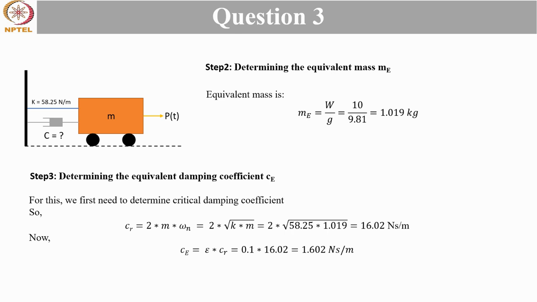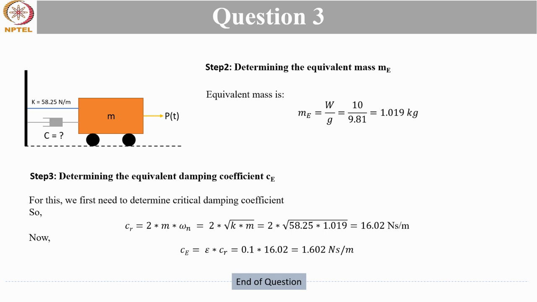So it will be 2 times the square root of 58.25 into 1.019, which is 16.02 Newton second per meter. This is the critical damping coefficient. So the actual damping coefficient will be epsilon times Cr. Epsilon was given as 10% of the critical damping, so it will be 0.1 times 16.02, which is 1.602 Newton second per meter. So that was the third and the final part of the question.